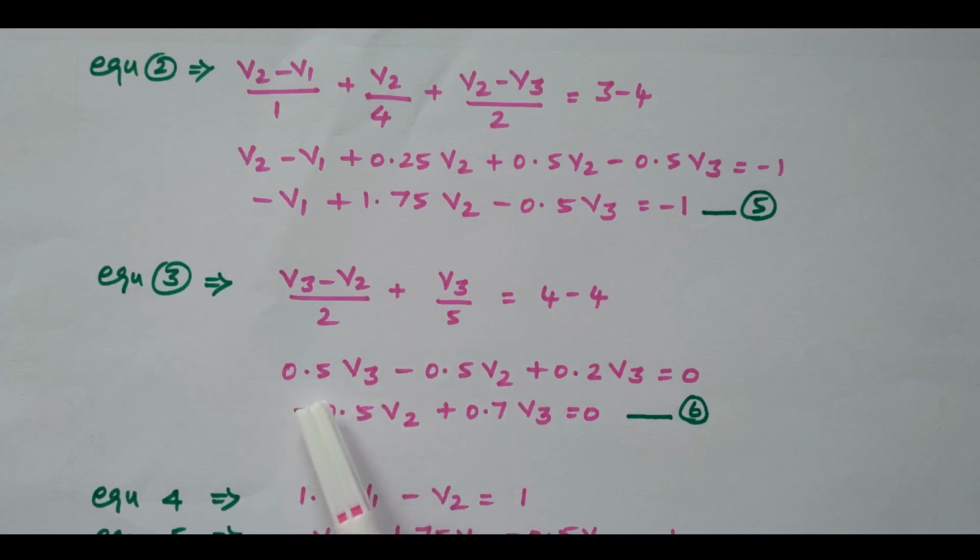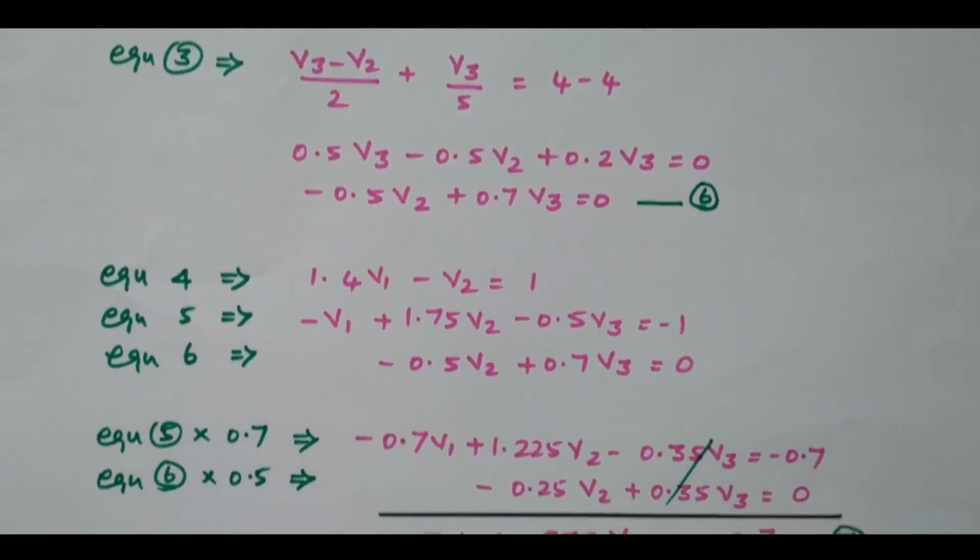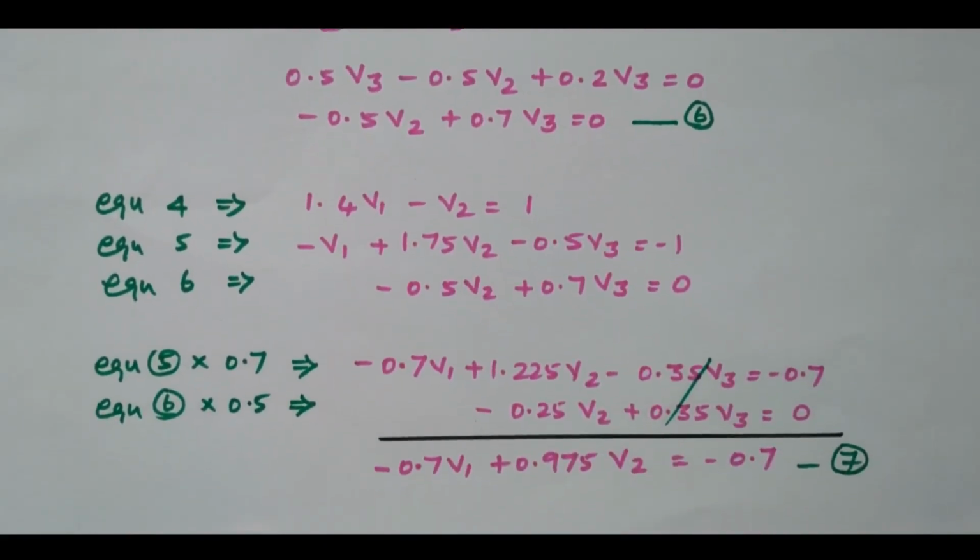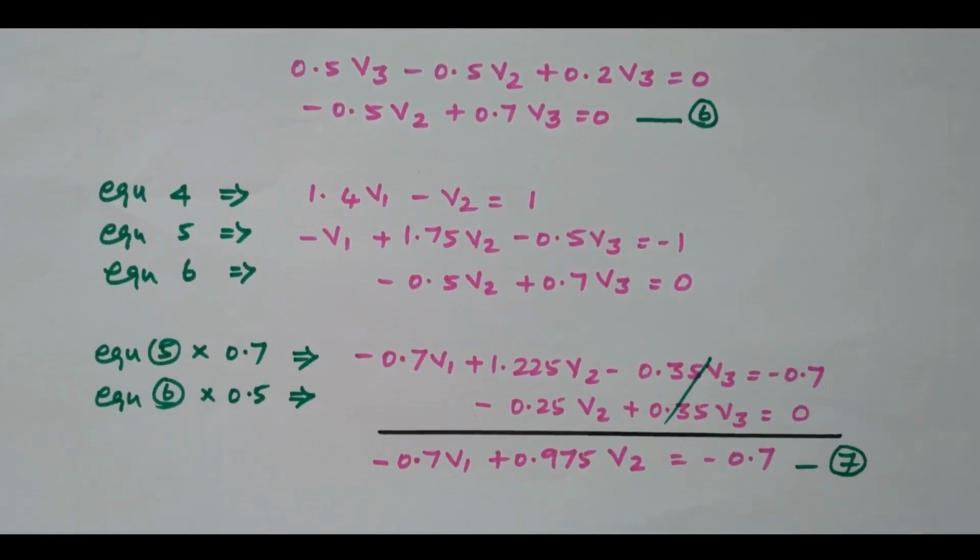V3 is available 2 times: 0.5 V3 plus 0.2 V3. So 0.5 plus 0.2 is 0.7 V3. That is equal to 0. We take this as equation number 6. Now equation 3 is simplified and given the number 6. So from equations 1, 2, 3, we framed the simplified equations 4, 5, 6. Right? So these equations 4, 5 and 6 are available.